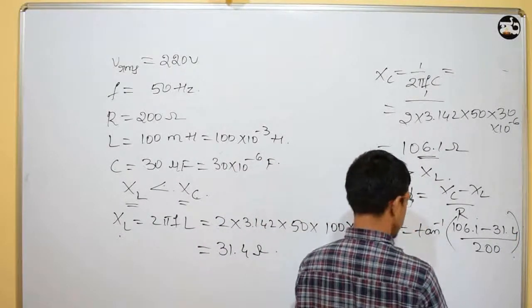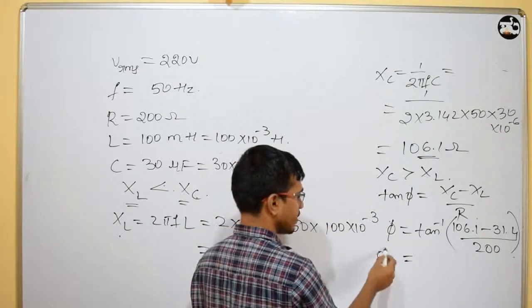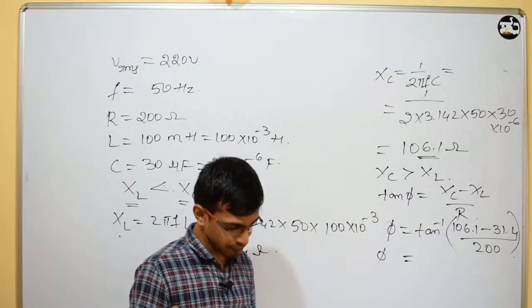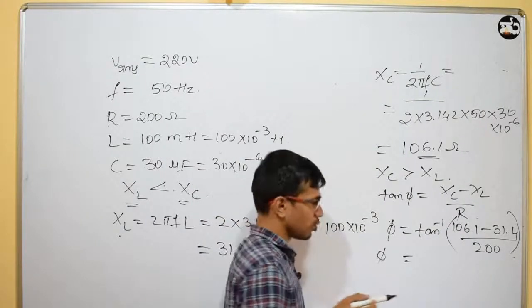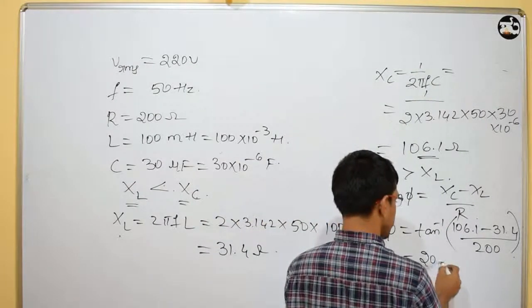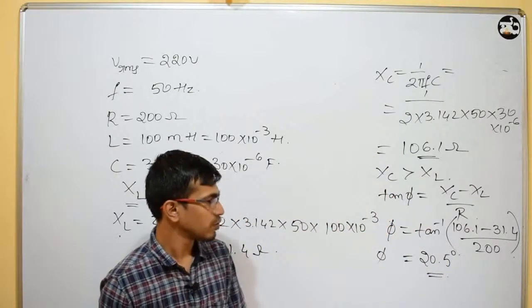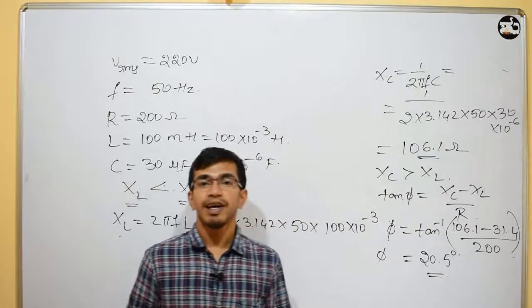At that time you will get phi is equal to 20.5 degree. Use the table to get this angle. So phi is equal to 20.5 degree you will get here.